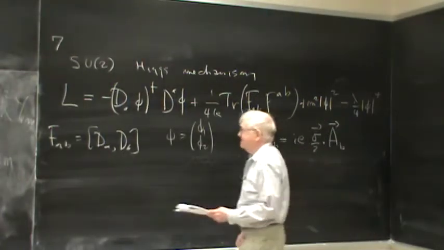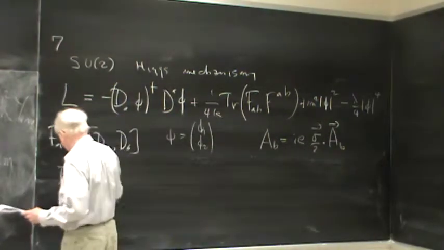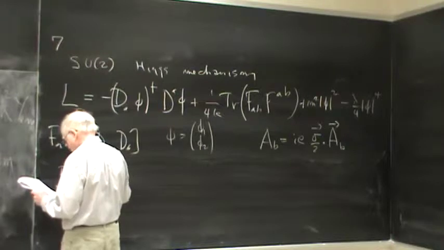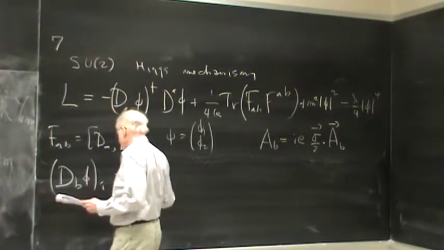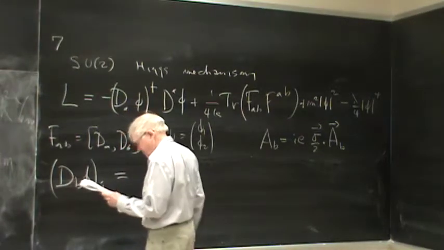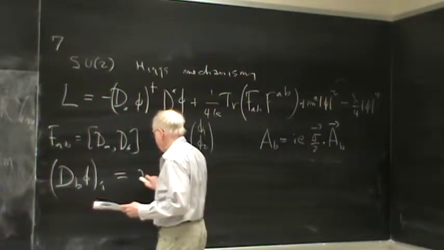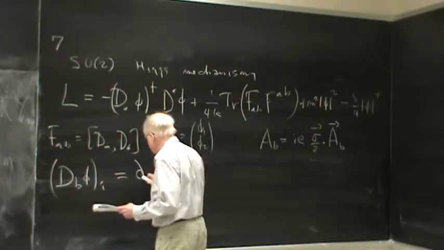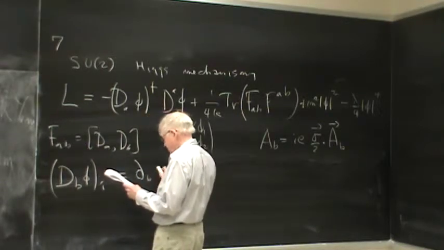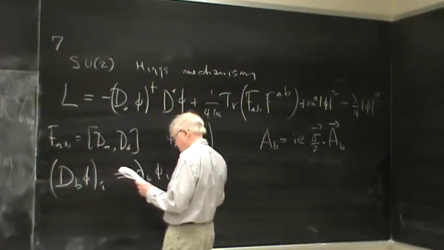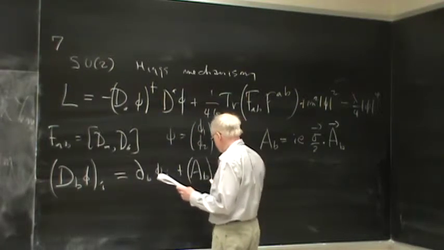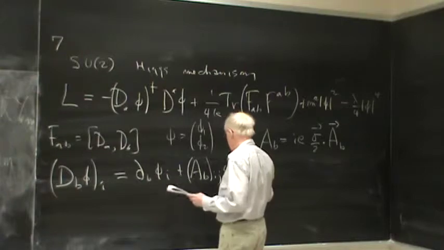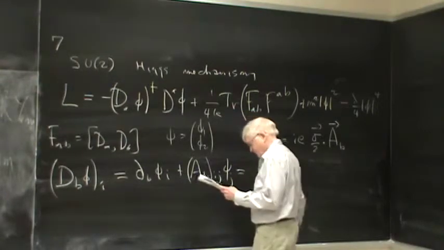Okay, so what is D_B of phi_i? B is space-time, i is 1 or 2. And that is, of course, d_B of phi_i plus A_B^ij phi_j.